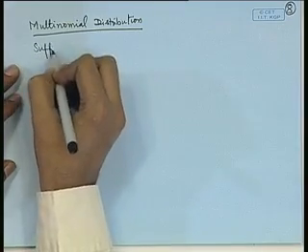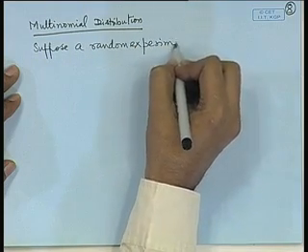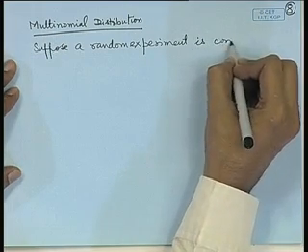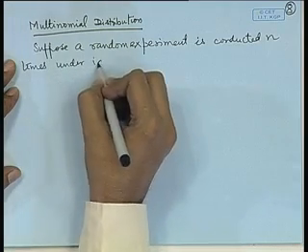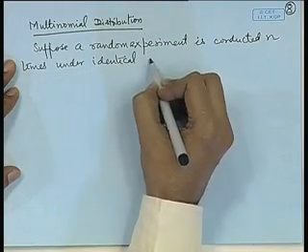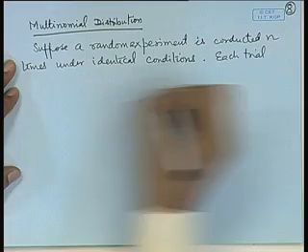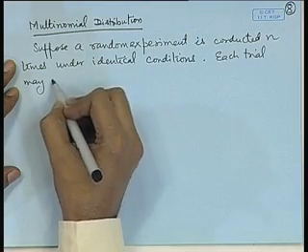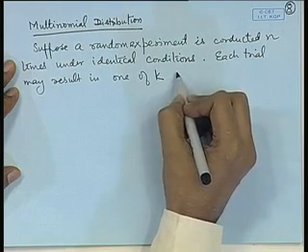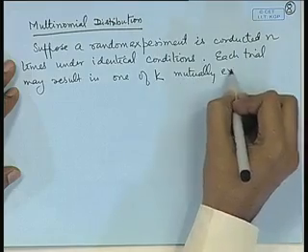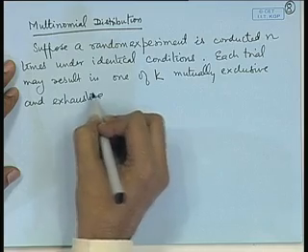Suppose a random experiment is conducted n times under identical conditions. Each trial may result in one of k mutually exclusive and exhaustive events.